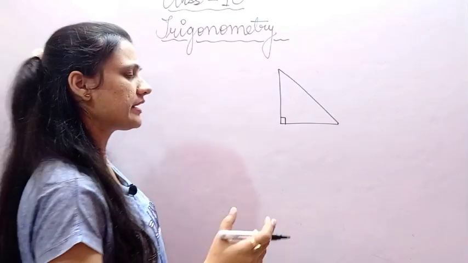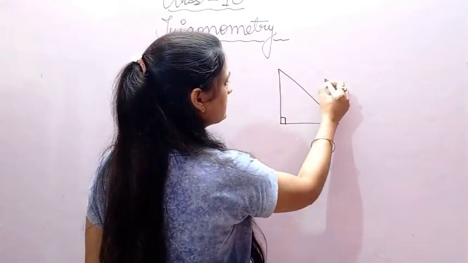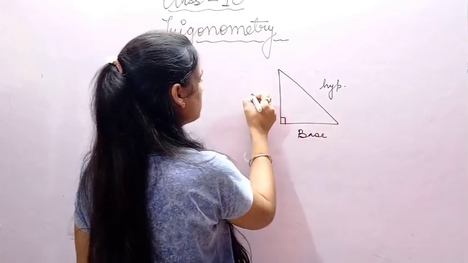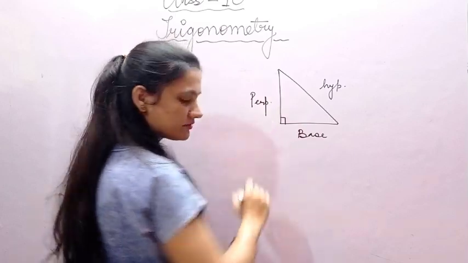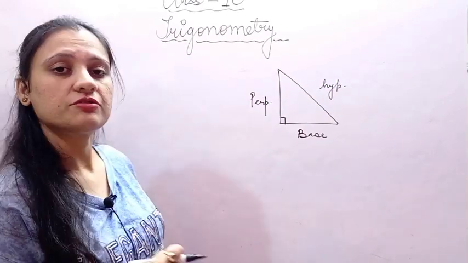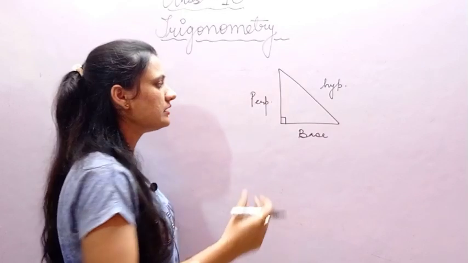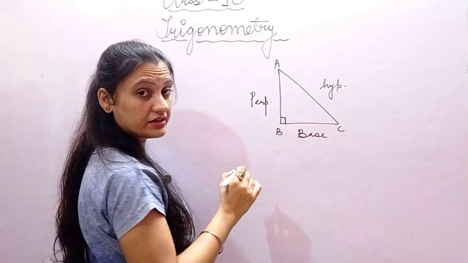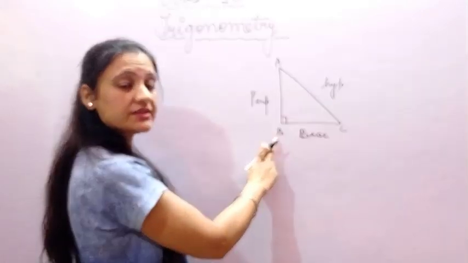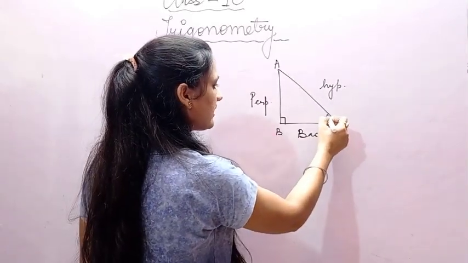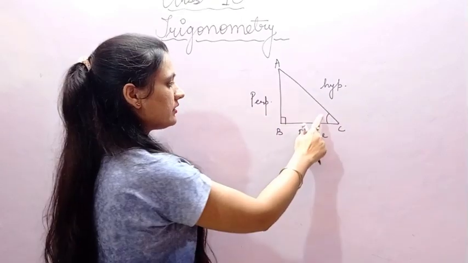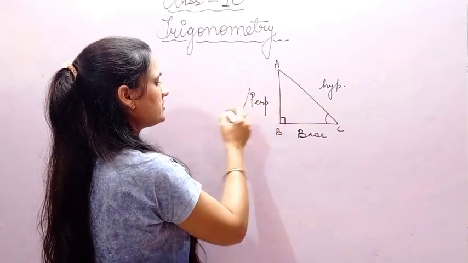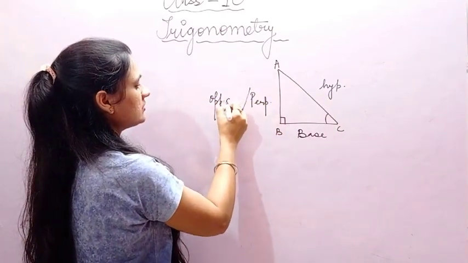In a right angle triangle, I hope you are familiar that this is the hypotenuse, this is base, and this is perpendicular, right? But in trigonometry, we take one reference angle. Suppose I name it A, B, C, this is triangle ABC, right angled at B. If I take reference angle C, then this is called perpendicular, or there is another name for this, that is opposite side.